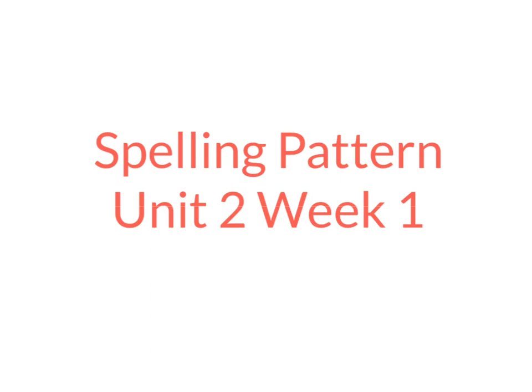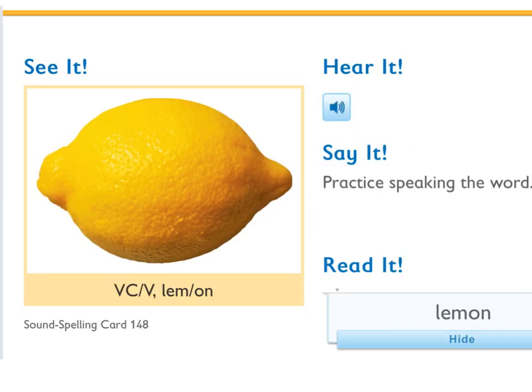All right, third graders, let's go ahead and review our spelling pattern for the week. So let's take a look at our spelling cards. The first card, we see that our pattern is vowel, consonant, vowel, with one single vowel in the middle. In the word lemon, we know that when we divide it after the consonant, this becomes short.